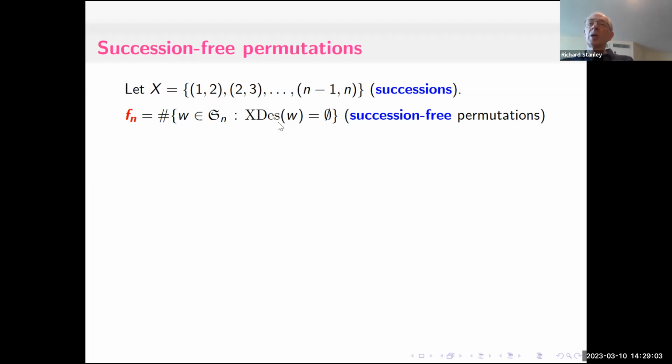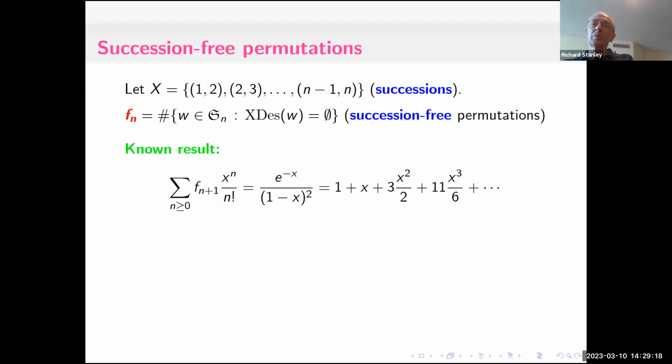A permutation with no successions, whose X descent set is empty, is called a succession-free permutation, and these were studied long ago. The number of them is F_n, and it was known that the exponential generating function for these F_n's, with this shift in index, is e to the minus x over 1 minus x squared.